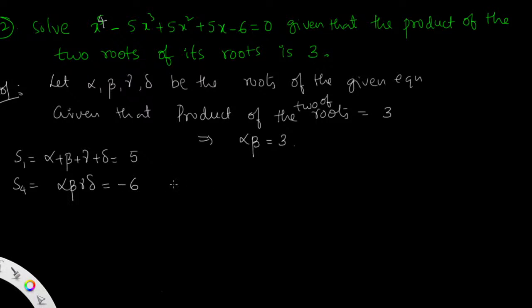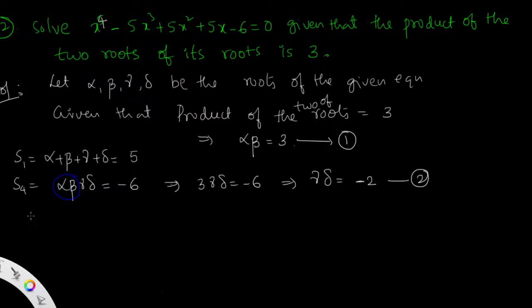Therefore, substituting alpha beta equal to 3, we get 3 into gamma delta equal to minus 6, which implies gamma delta equal to minus 2. This is equation number 1, and this is equation number 2.